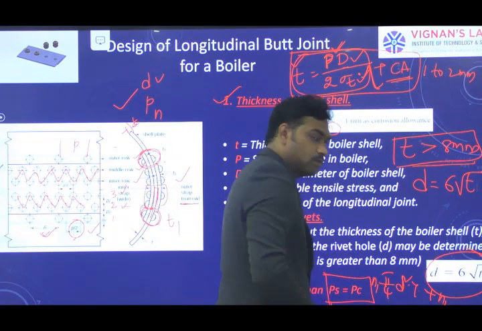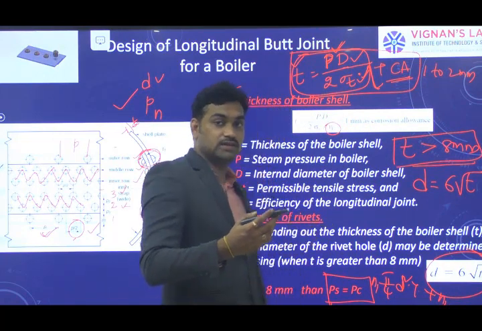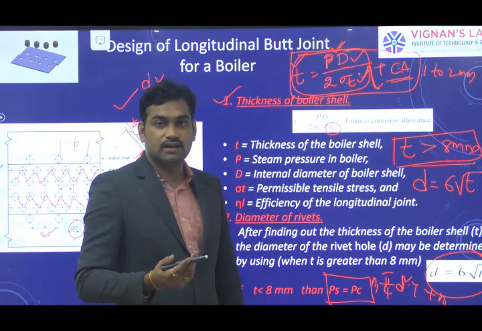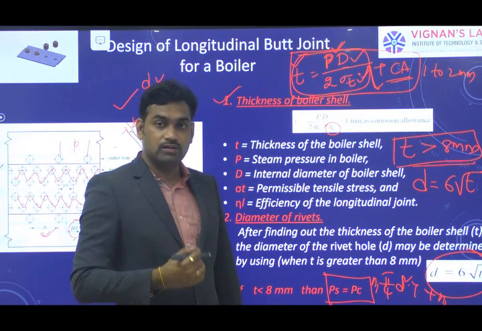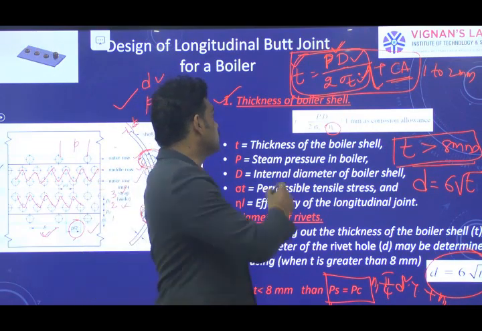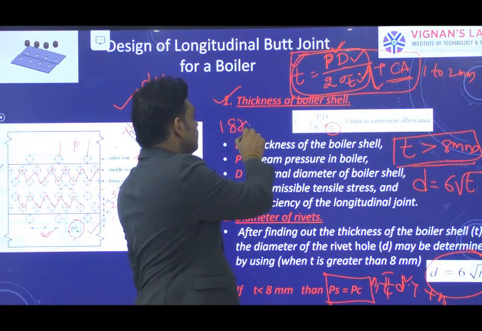N2 into π/4 d². We take the cross-sectional area as the shear resisting area, taken twice for double shear, but according to Indian Boiler Regulations we can take 1.875 instead of 2.